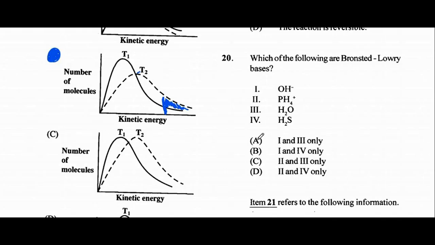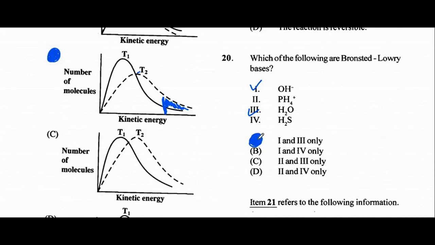In this case, OH minus would accept one and would get water, and the H2O, water itself, would get one and would get the hydronium ion, the H3O plus ion. So 1 and 3. For 20, we have A as our winner.